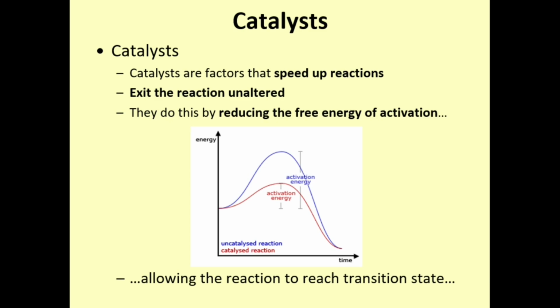I know that's quite a bit to go through, so you might need to go over that a couple of times and listen to this part of the video again. That is essentially how catalysts work. They lower the activation energy barrier, therefore reducing the amount of energy required for reactants to reach the transition state. How they do that is something that we'll look at in a bit.